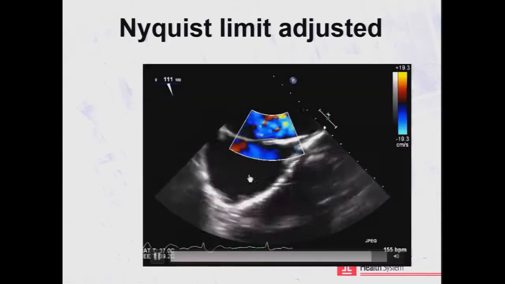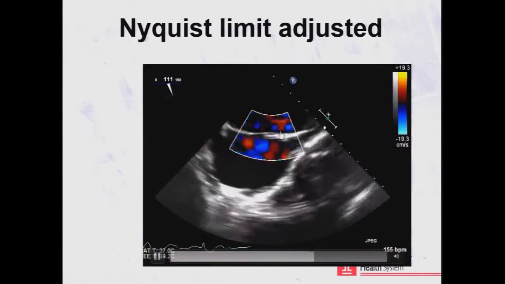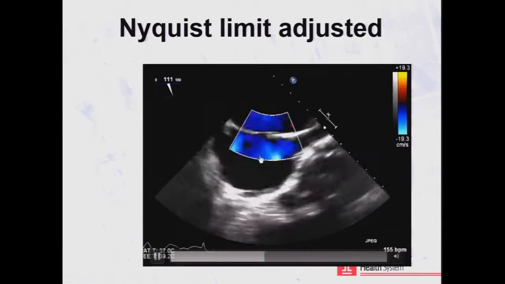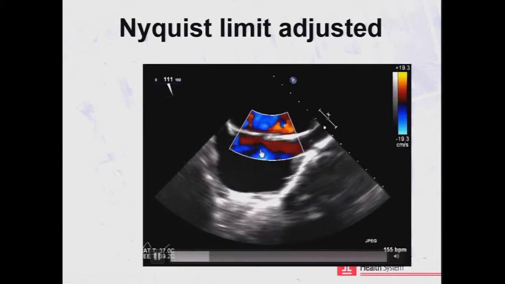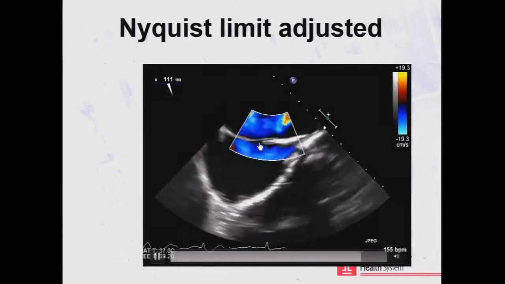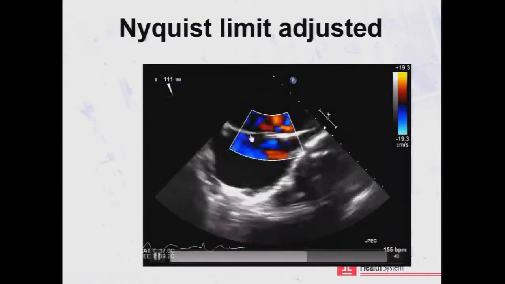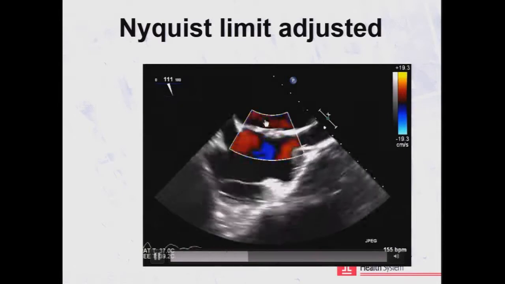Here's another bicaval view, and often it's wise to lower the Nyquist limit so that you catch low velocity flow and look in the area where the PFO would be seen.